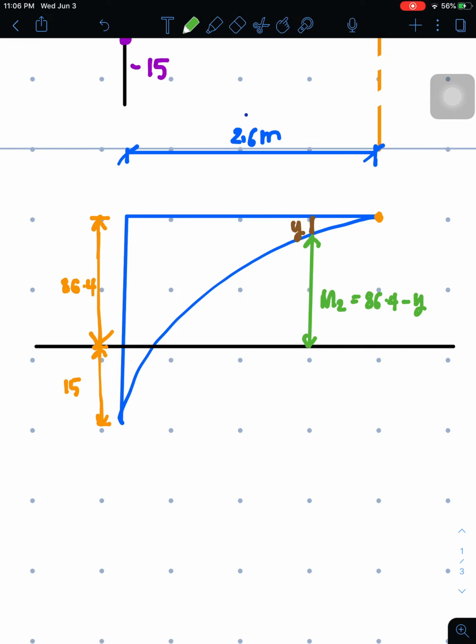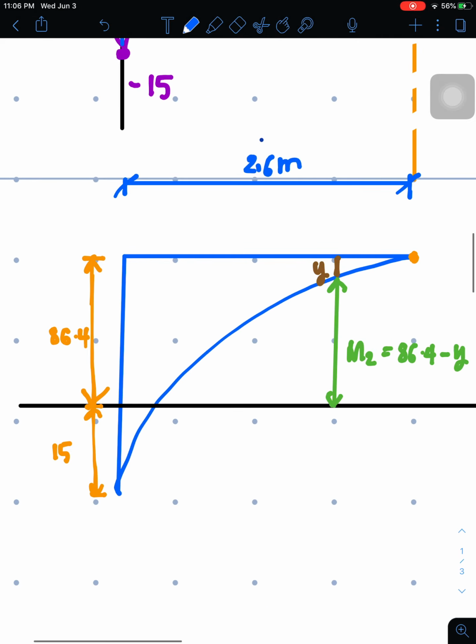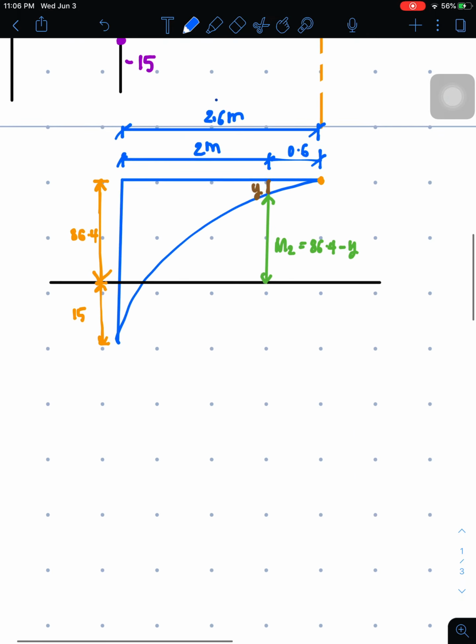we can use ratio and proportion. Remember, we said earlier that this distance here is 2 meters. So it's really important to get this 0.6, for it's going to be used in our ratio and proportion.